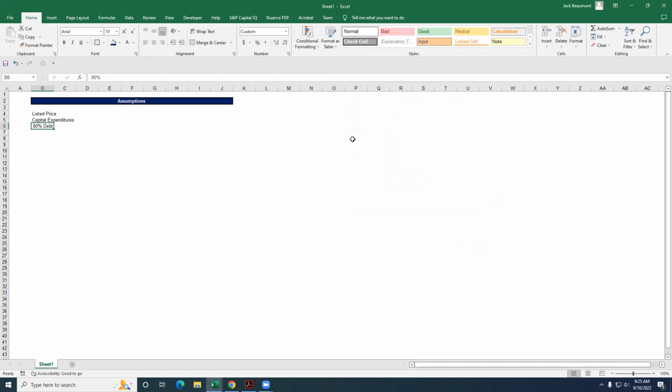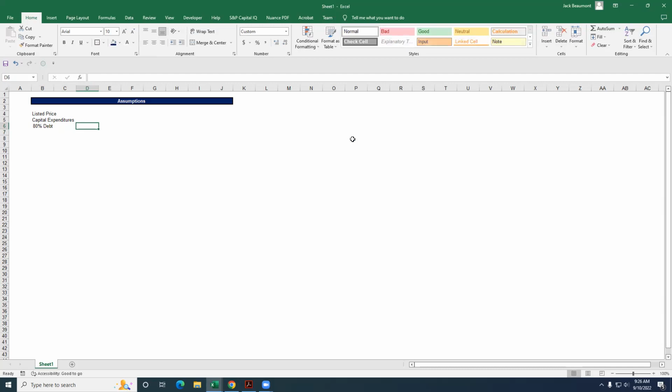Now, the custom formatting is great because in this cell it doesn't include the word debt in the formula. It has it written down, but it doesn't include it. So I can have 80% debt there, but then I can still do equals 1 minus this, and I get 20%.